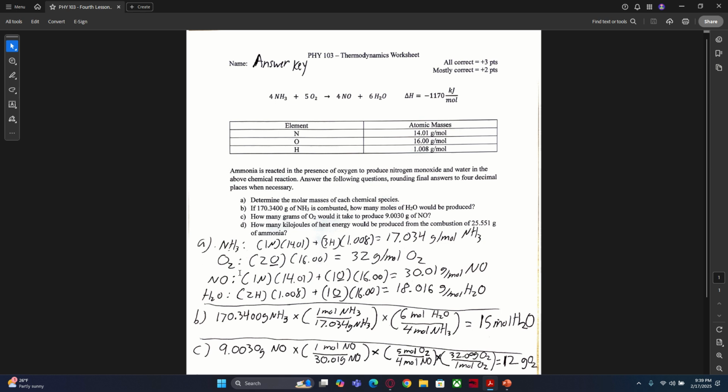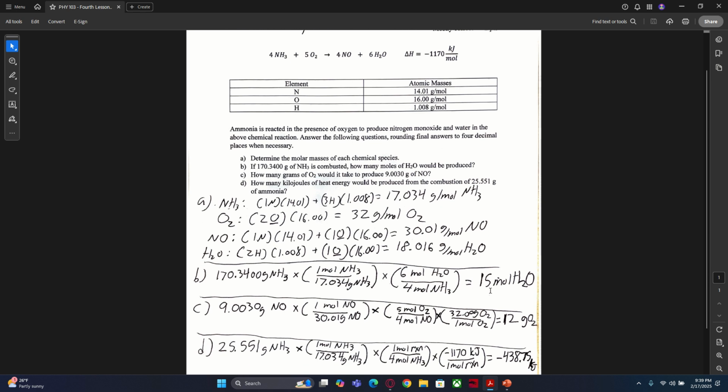For nitrogen monoxide, that's 1 nitrogen times 14.01 plus 1 oxygen times 16, equaling 30.01 grams per mole. And for water, it's 2 hydrogens times 1.008 plus 1 oxygen times 16, equaling 18.016 grams per mole for water.